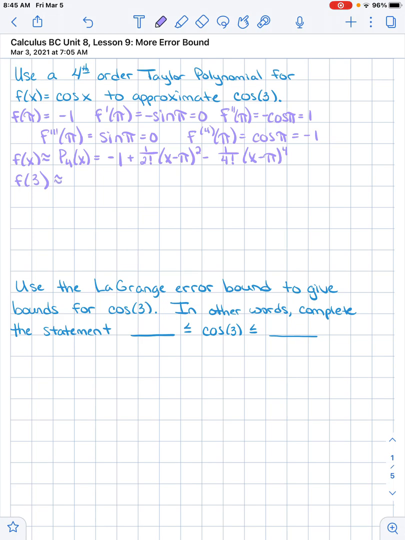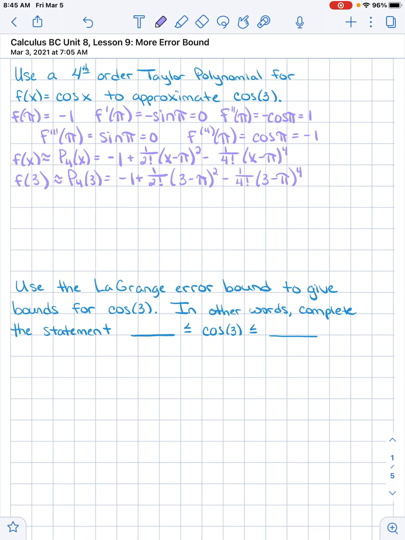I'm going to plug 3 into this polynomial. It's important that you do use a calculator, because when I tried this the first time and I just used 0.14, that wasn't accurate enough, because we were pretty accurate when we chose the point to center this around. So we need to be really careful that everything is being calculated exactly.